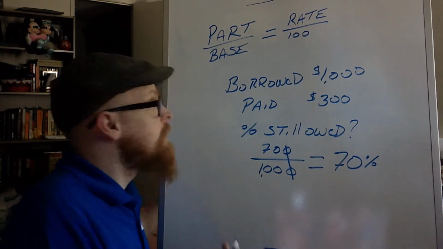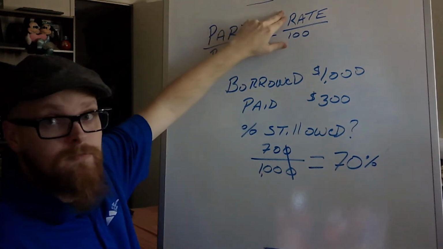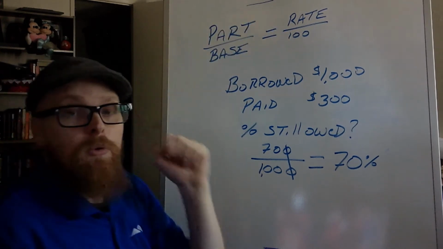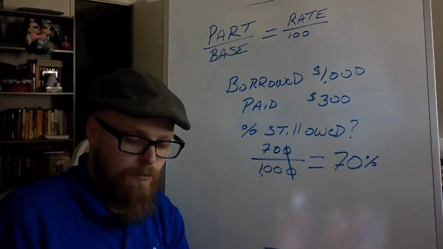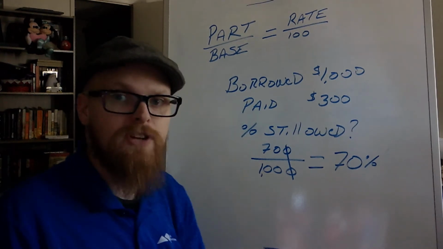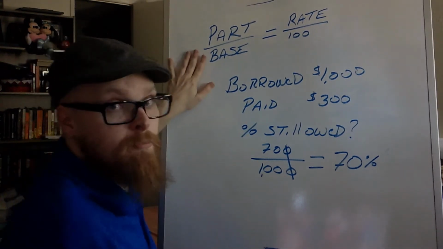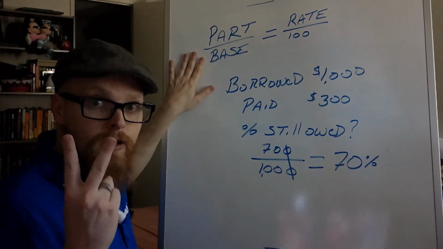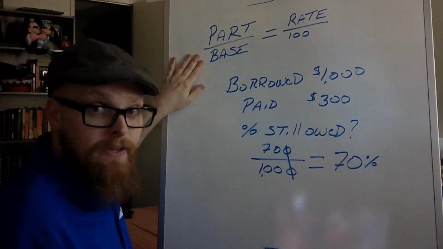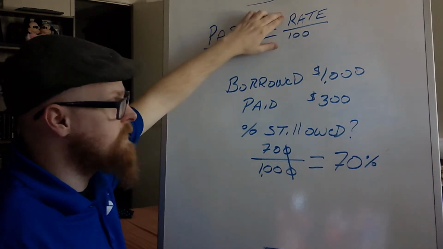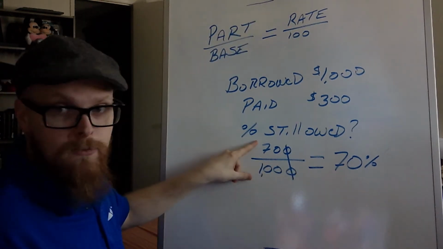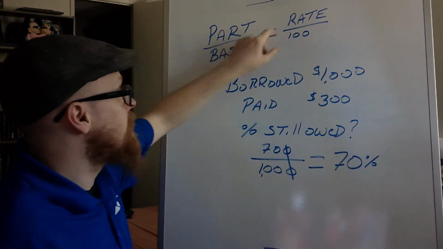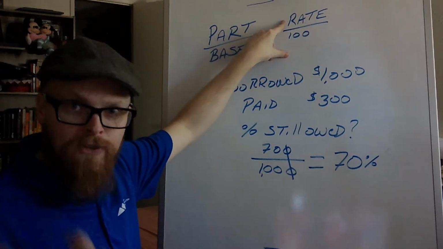In this case, notice this piece over here: rate over 100. You will come across word problems where they give you the percentage and they want either the part or the base. Typically they will give you at least two of these things. They would either give you the part and the base, in which case we're looking for the rate. Notice it's 70 over 100. We found it. Or they will give you the rate, typically as a percentage.